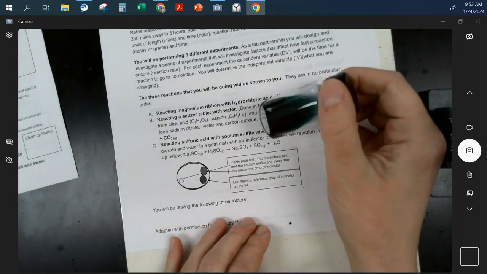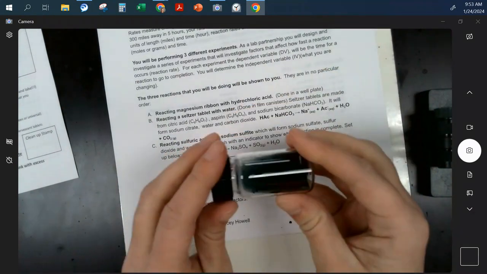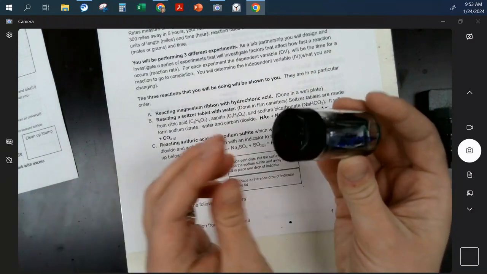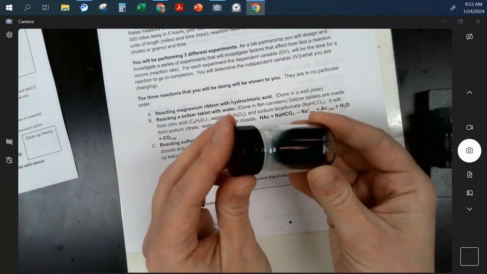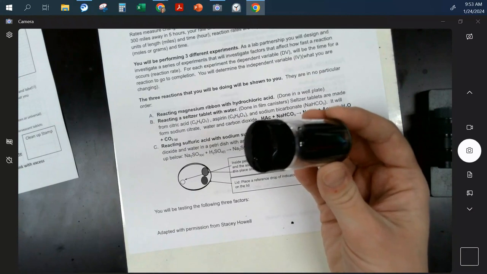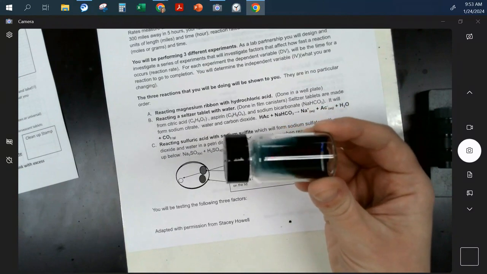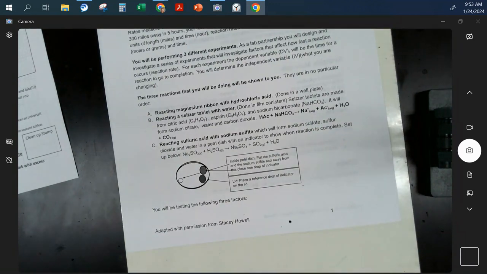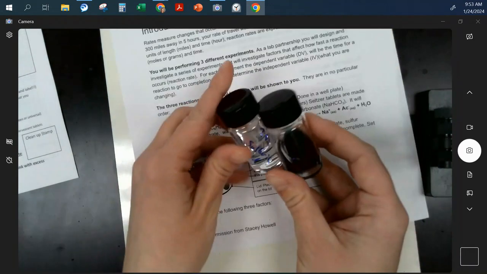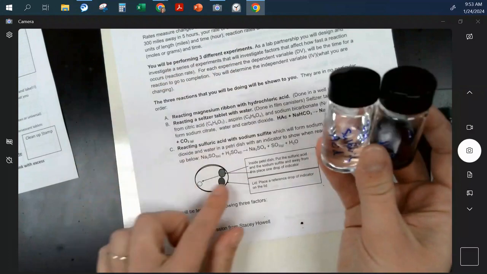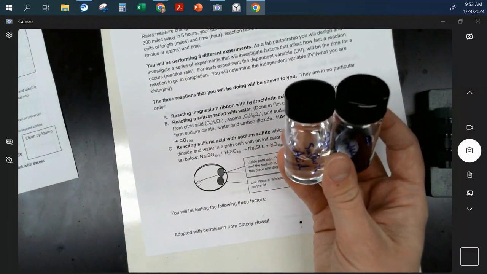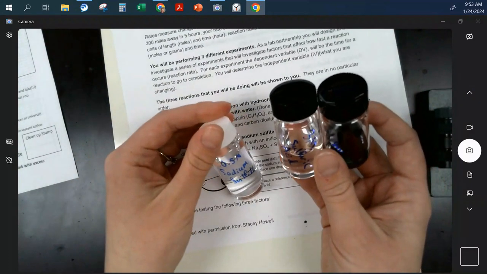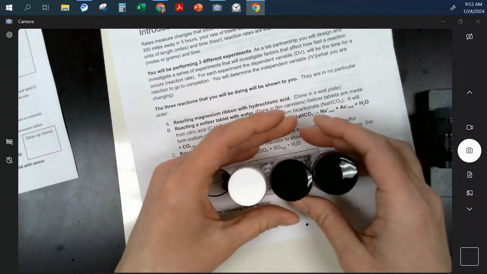This is our indicator, I think it's ethyl blue, I don't have it written down. I just labeled it with indicator. And then we're going to take 3 molar sulfuric acid, and 0.5 molar sodium sulfite. So that's the 3rd reaction.